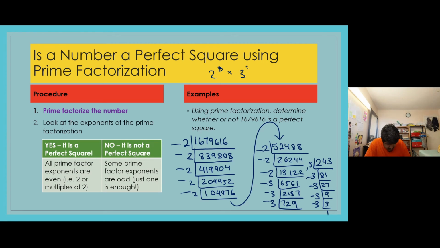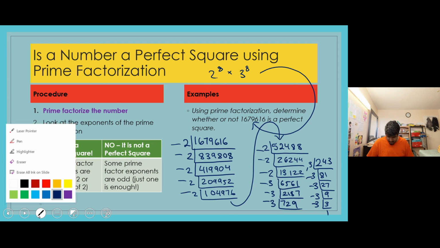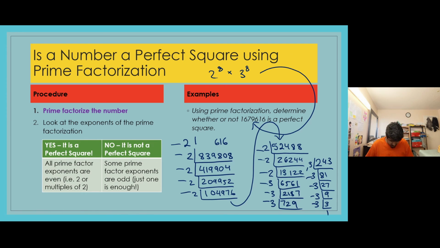Okay. So when you get a really big prime factorization like this, it's a really good idea to just go back and check. So I'm going to enter this into my calculator. 2 to the power of 8 times 3 to the power of 8, which gives us 1,679,616, which is exactly the number that we had in the first place. Okay? I'm going to erase all this prime factorization, but hopefully it was cool to kind of go through a really big number. Let me grab my eraser here.